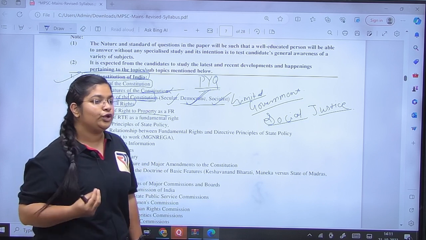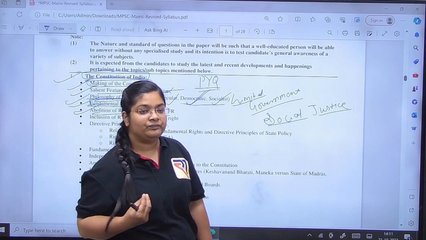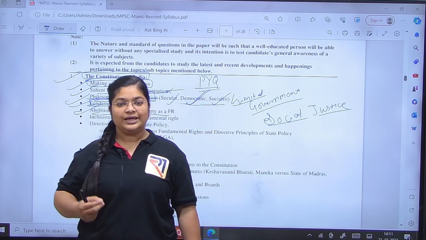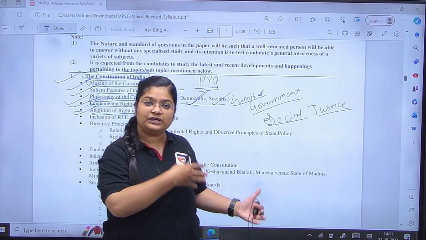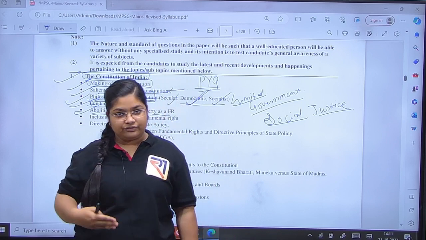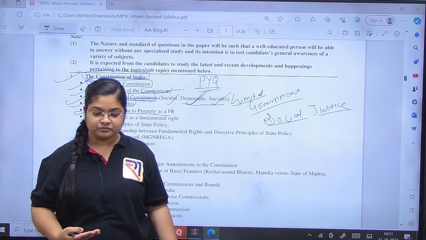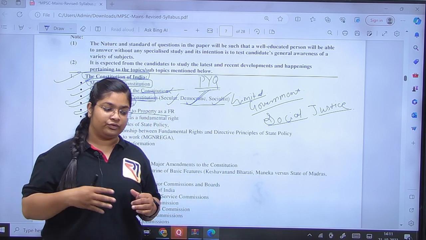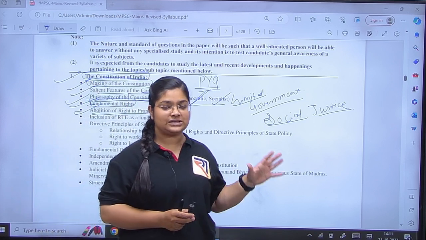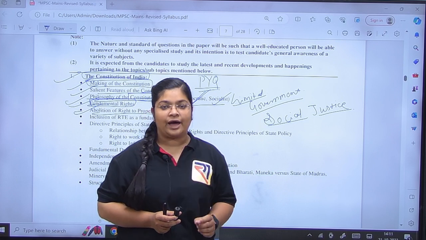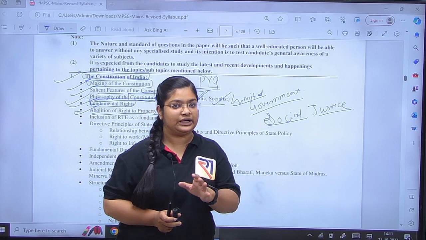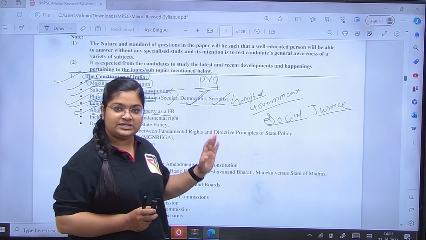The beauty of MPSC is that the syllabus gives a very detailed explanation. Each and every detail is already given in the syllabus, so we don't have to wonder anywhere else about what they are asking, what type of question they will not ask, or where I should focus. You just have to focus on the syllabus, cover each and every point with conceptual clarity, and you will sail through it.